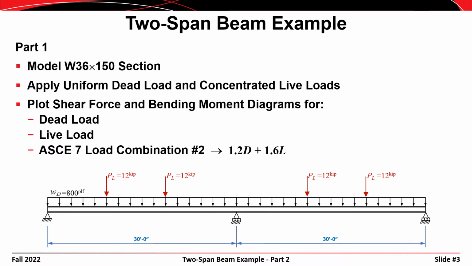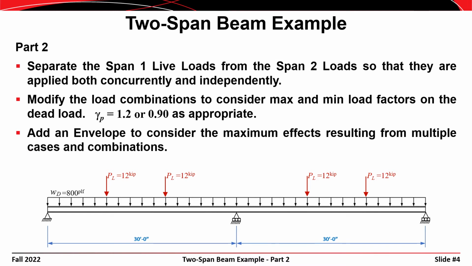During part 1 of this demonstration, we constructed the model and then applied the dead load and live loads, each in a single service case. During part 2, we are going to separate the span 1 live loads from the span 2 live loads so that the live loads can be considered applied concurrently in both spans, as is shown here, applied only in span 1, as is shown here, and then applied only in span 2, as is shown here.